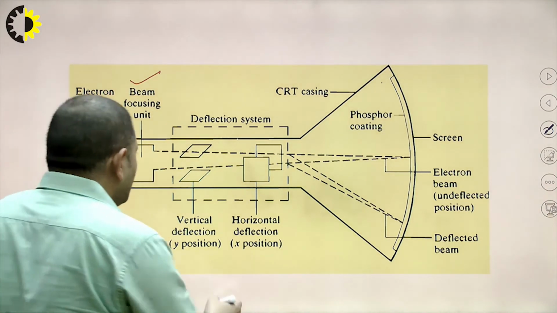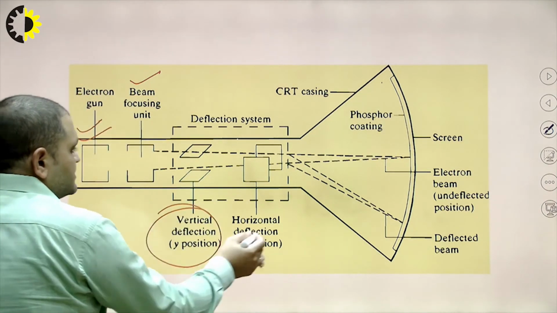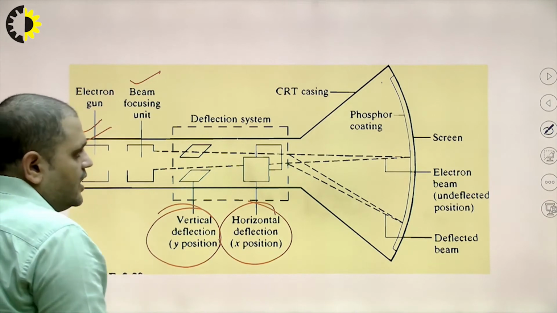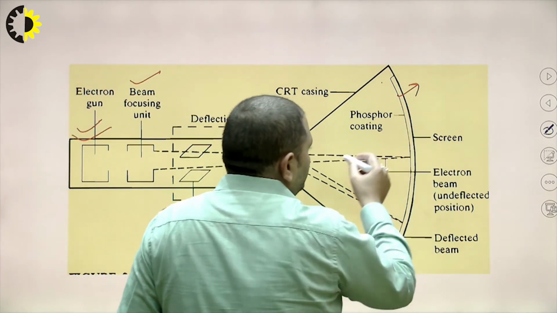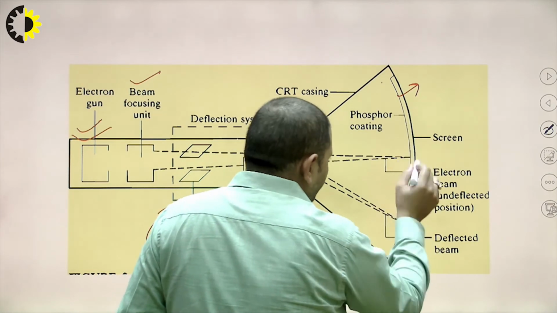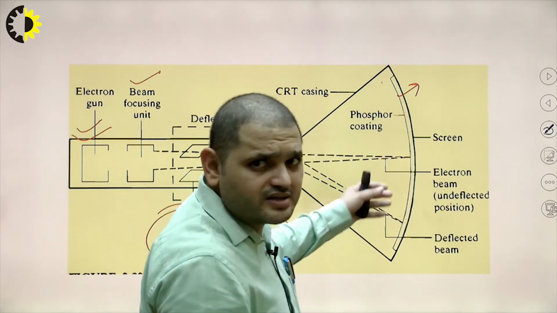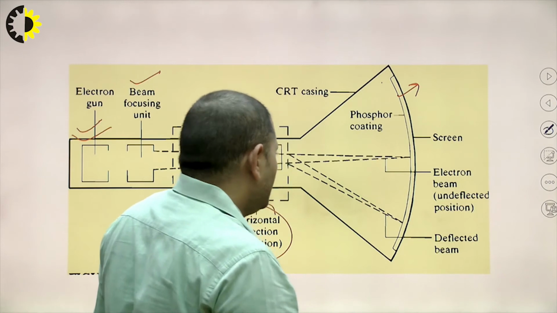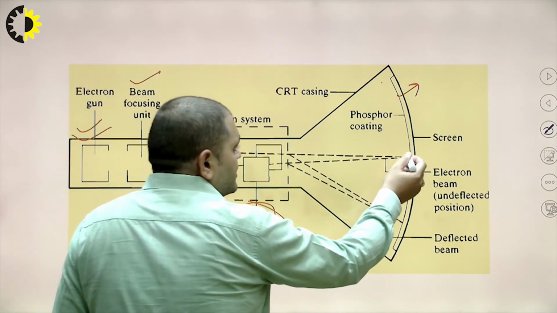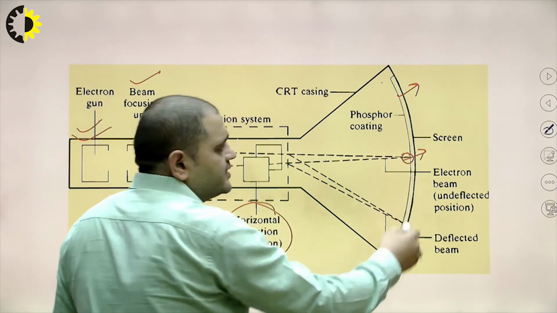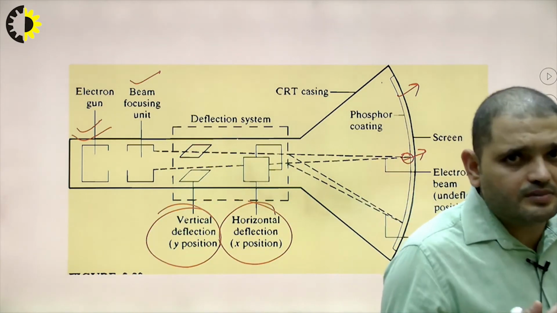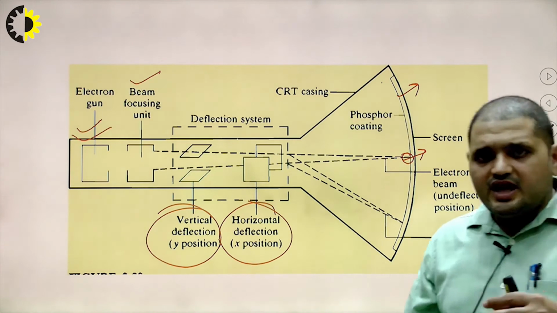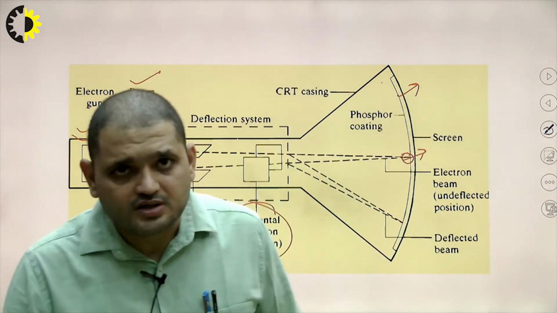So this one is the vertical one and this one is the horizontal one, and the beam is deflected onto a phosphorus coated screen. When this electron beam impacts the phosphorus screen, illumination is generated, and this illumination basically generates pixels, and with the help of these pixels an image is drawn. So this is how any image is formed.